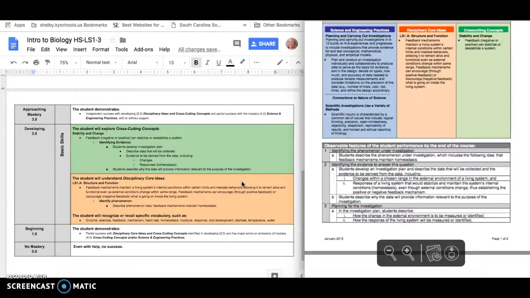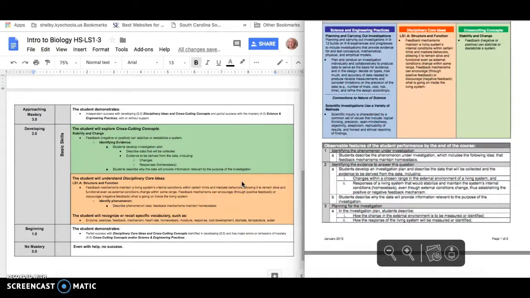So, okay, I automatically go, well, we're talking about creating a plan, developing an investigation plan, which makes me think science and engineering practices and the planning and carrying out. But this is going to that cross-cutting concept. Looking at the observable language, number one sends me to DCI.